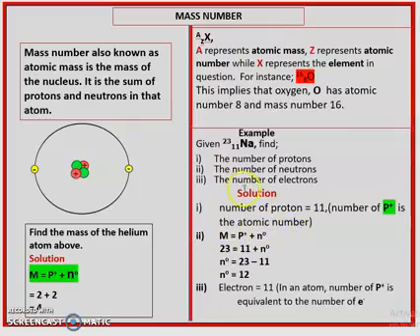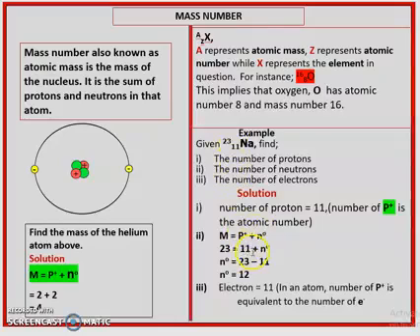The second one is the number of neutrons. Remember, mass number is equal to number of protons plus number of neutrons. We know the mass number from this representation here. You know that the mass number is 23. So we have 23, and the number of protons from here is 11.